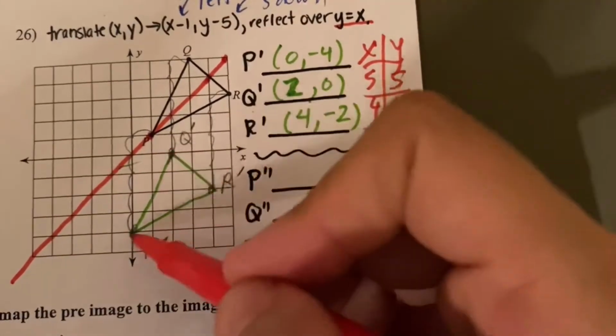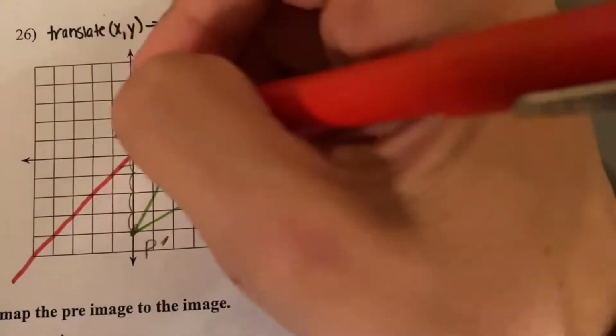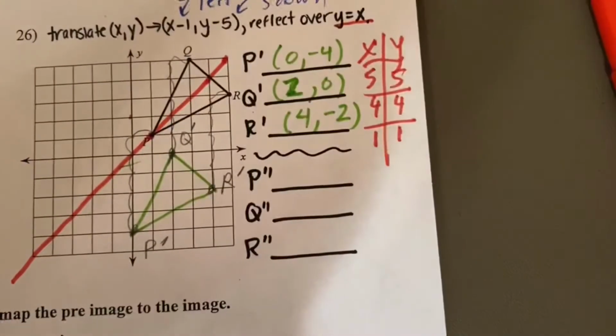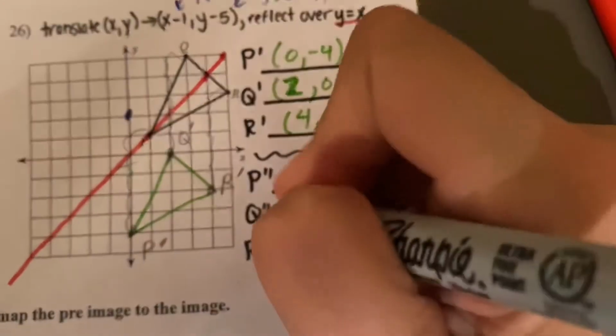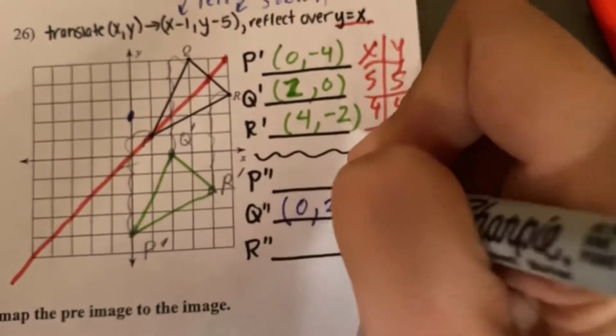So now I'm going to flip it over this one, and I think we figured out a rule. These guys kind of swap. So instead of 2, 0, we have 0, 2. See how those swap?